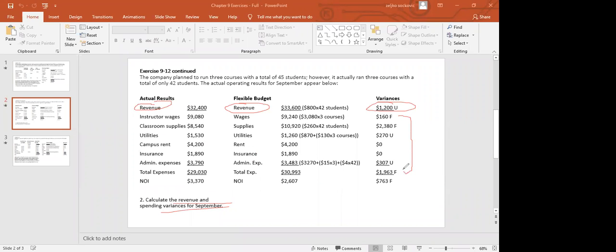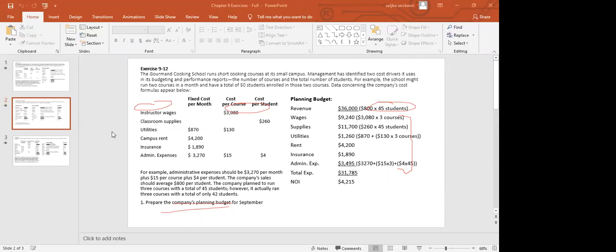So the question actually might be, what's the net operating income variance? What's the net operating income variance? Okay, so this is the question here. Yeah, we would probably be given this in this format here. That's how it's likely in the textbook.